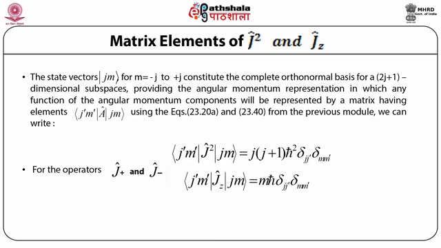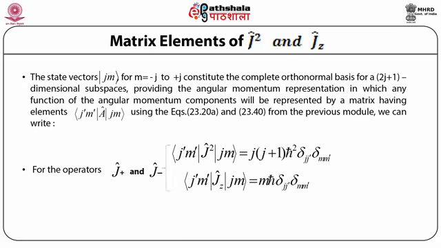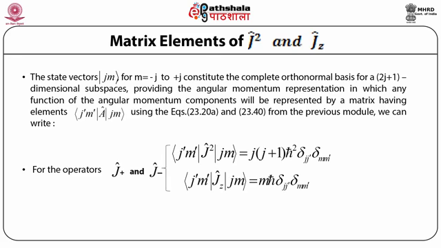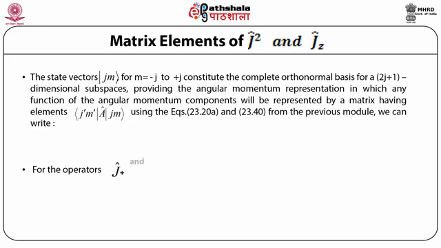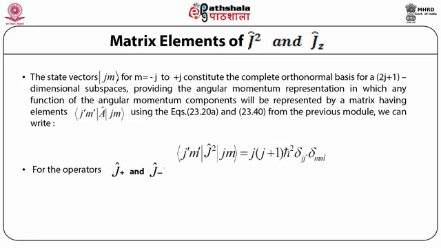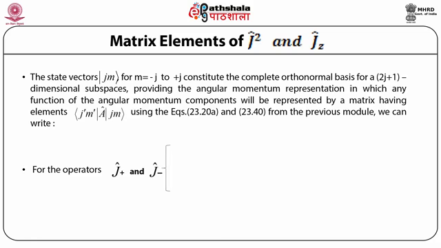And so from this, we can write for the operators J plus and J minus how we can find out their values, which means that using the values of the operator J square and Jz, we can actually find out the values of the operator J plus and J minus, where J plus is the incremental operator or the creation operator and J minus is the decremental or the annihilation operator.